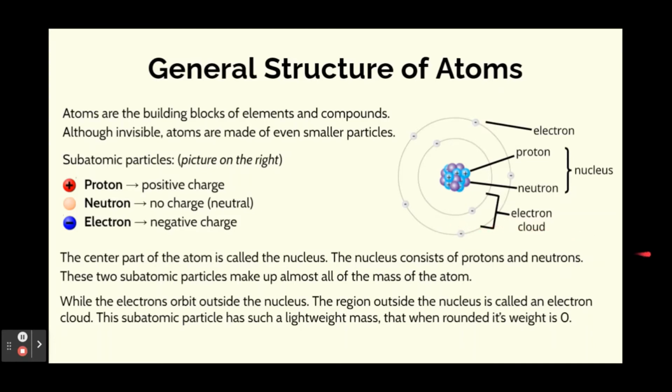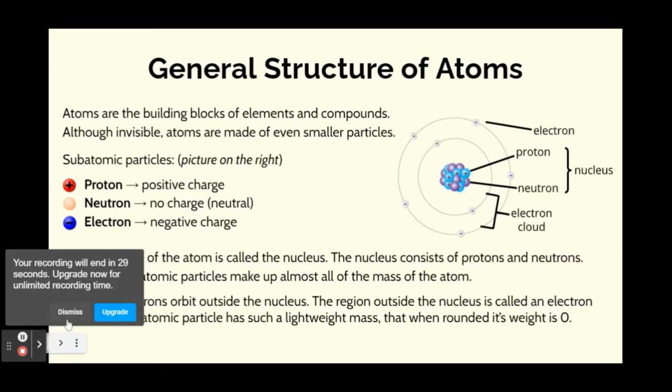While the electrons orbit outside the nucleus, this subatomic particle has such a lightweight mass that when it's rounded, its weight is zero. That's why we usually say protons and neutrons make up most of the atom's mass, and electrons are a very small amount.